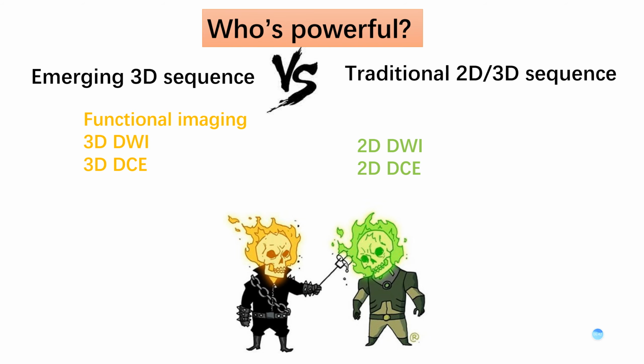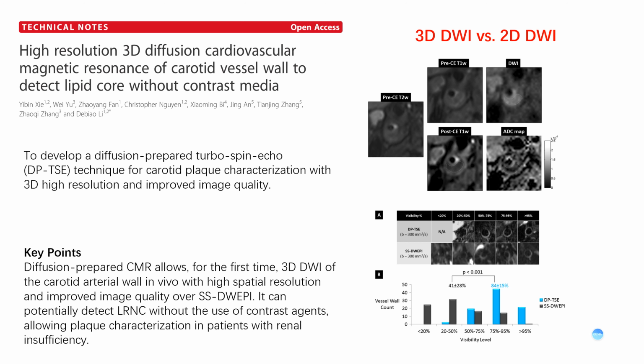And who's powerful for functional imaging? Yibin Xie and his colleagues developed a 3D diffusion-weighted imaging. It has higher spatial resolution and better image quality than single-shot 2D DWI. 3D DWI can potentially detect lipid-rich necrotic core without the use of contrast agents.